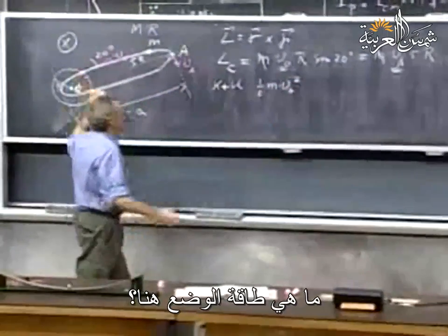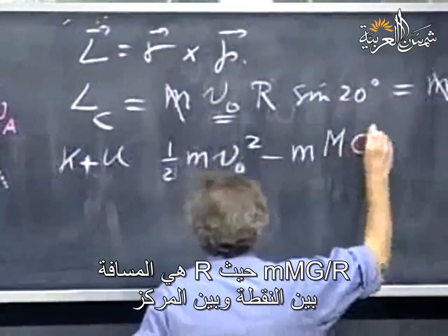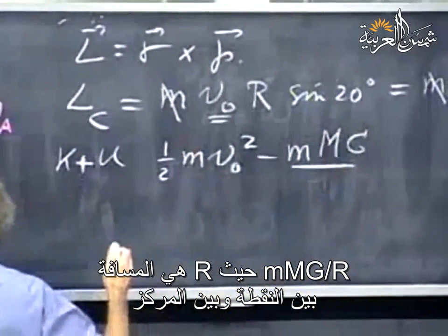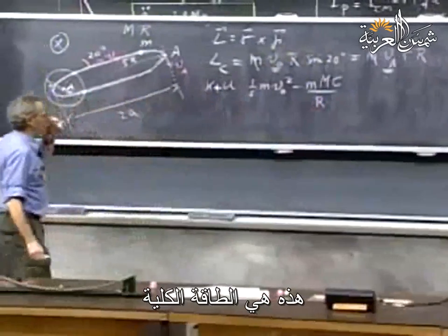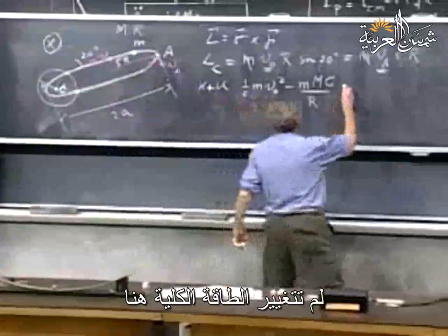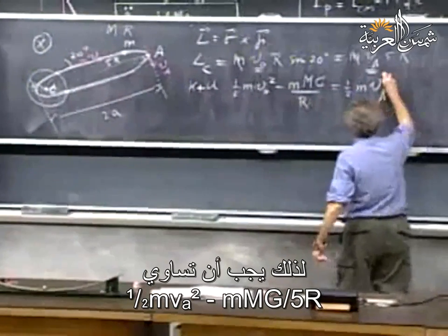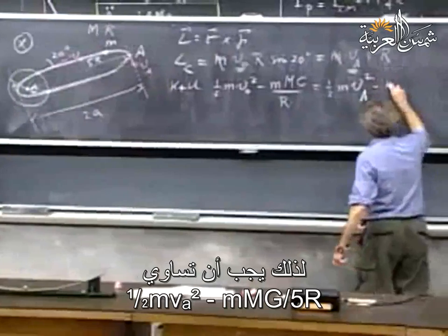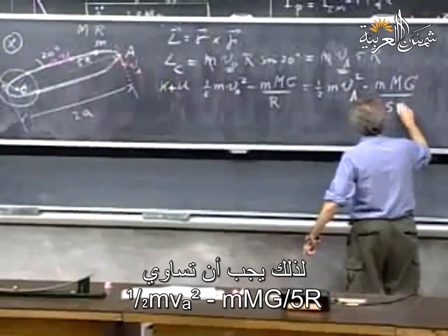What is the potential energy here? It is minus m M g divided by its distance to the center, which is capital R. That is the total energy right here. The total energy here could not have changed. It must therefore be 1/2 m va squared minus m M g, but now the distance equals 5r.